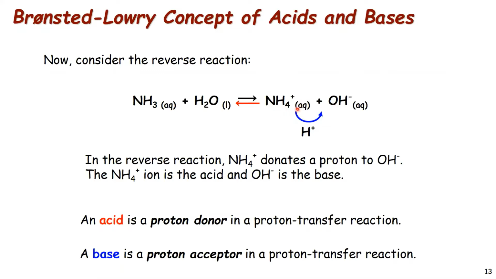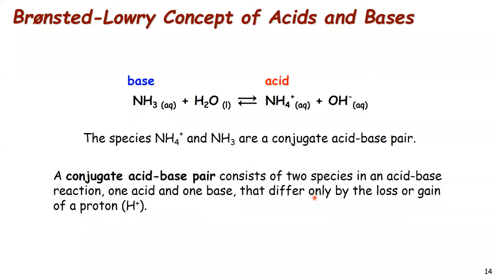So in this case now, the ammonium ion is acting as the Bronsted-Lowry acid, and the hydroxide, which is accepting the proton to form water, is going to be the Bronsted-Lowry base. Okay, so again, we see that the species NH4 plus is acting as an acid, and the NH3 is acting as the base.